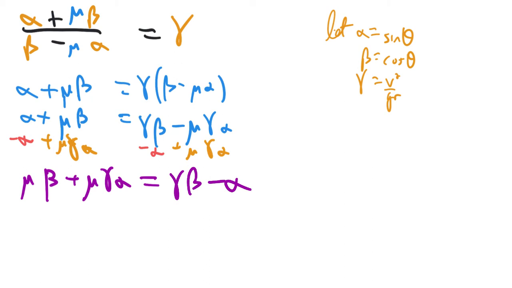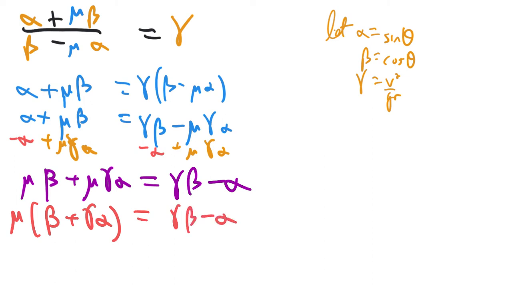And then we're going to factor out the mu, leaving us with beta plus gamma alpha over here. And then we're going to divide this out, so we'll end up with mu equals gamma beta minus alpha over beta plus gamma alpha.